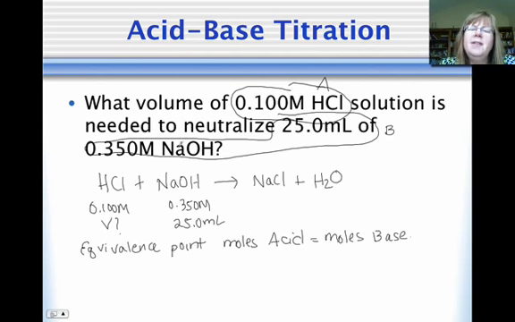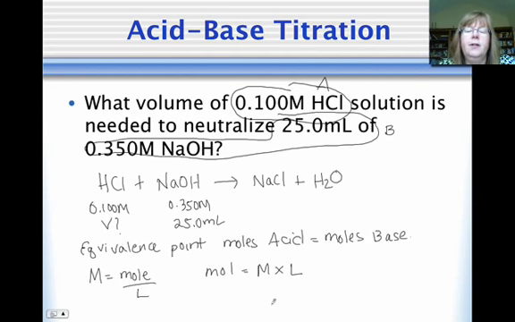We also see this molarity up here, and if you remember, molarity is moles per liter. We could also say that moles equal molarity times volume in liters. At our equivalence point, the moles of our acid equal the moles of our base.